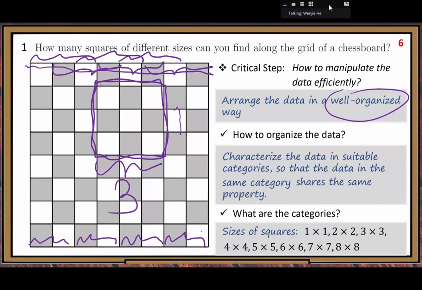Then can we combine? Horizontally, our counting number is 6. Vertically, it is 6. Now we go back to counting two-dimensional figures: 6 times 6. That's his answer.